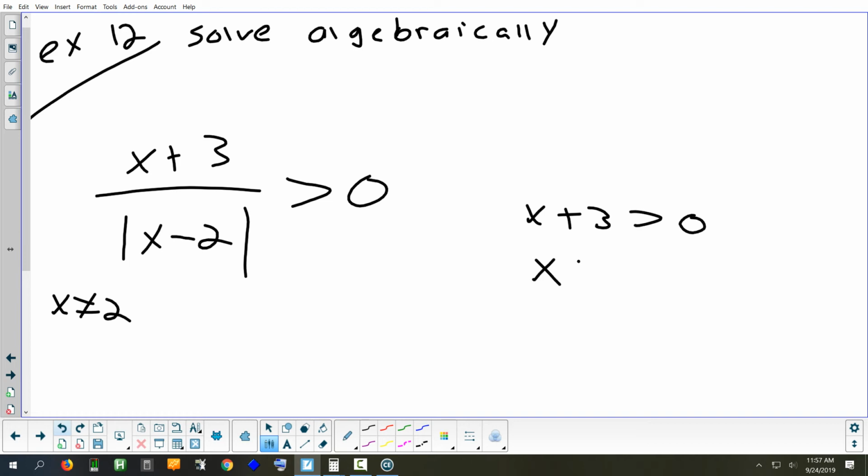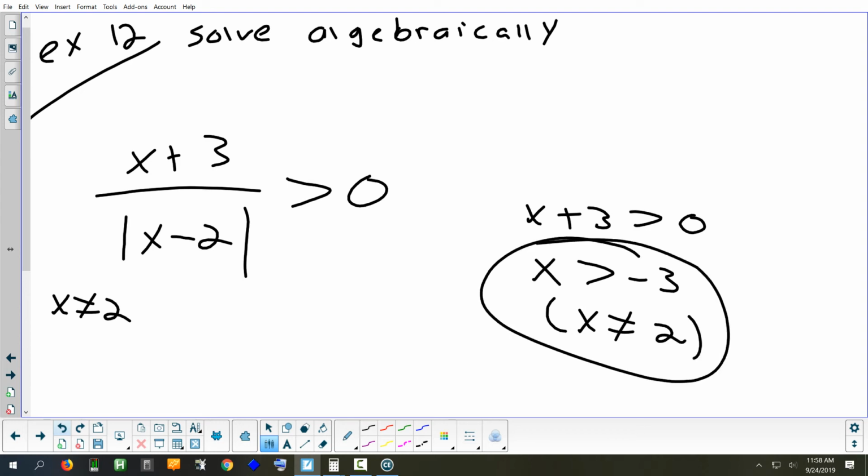Greater than negative 3. And what? And not equal to 2. Because if it's 2, that's another problem. So x has to be greater than negative 3, but not the number 2. And that's it. There's really just one step, minus 3 from each side.